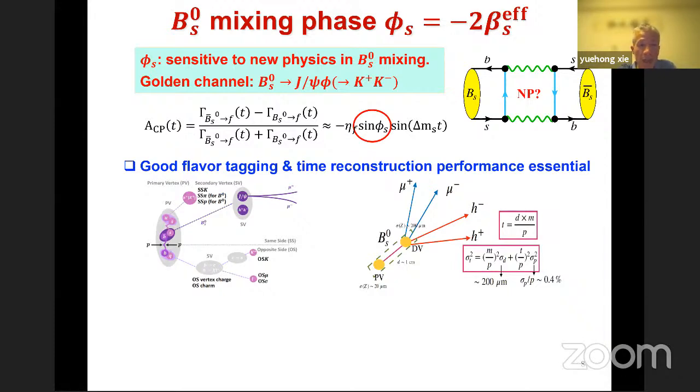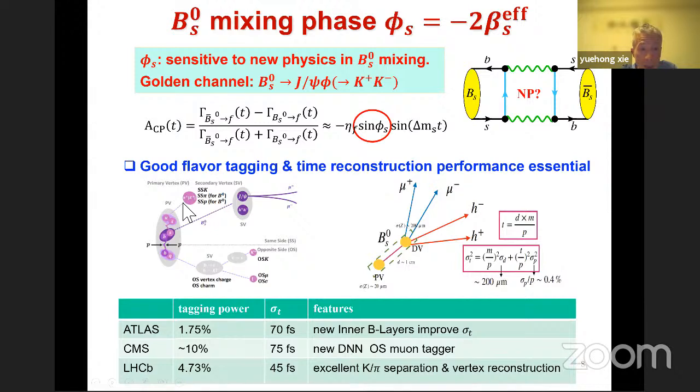The initial flavor of the B_s meson can be inferred from the particles produced in association with the B_s, or from the decay products of the other B, because b b-bar are produced in pairs. The decay time of the B_s meson is reconstructed using the distance between the production vertex and the decay vertex. The performance in flavor tagging and time resolution for each experiment is given in this table.